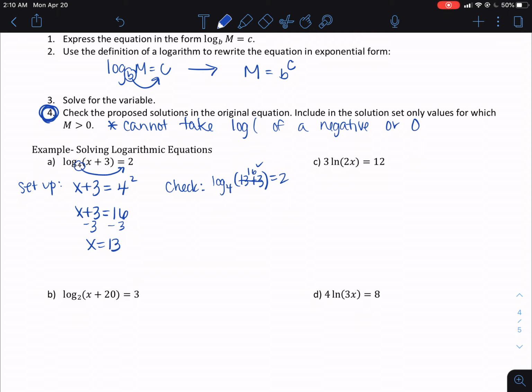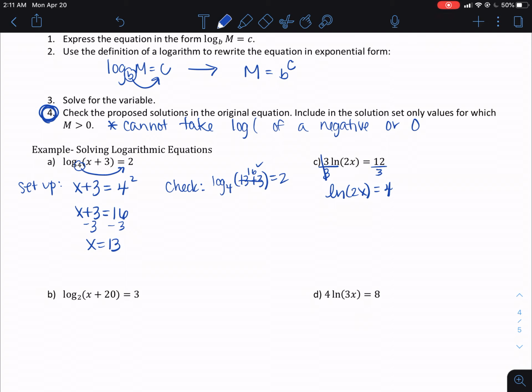Let's jump to the right and do C. So 3 natural log of 2x equals 12. Start off with getting your log by itself, either by doing the power rule or, here, I'm just going to divide by 3. It's easier. So we have the natural log of 2x equals 4.